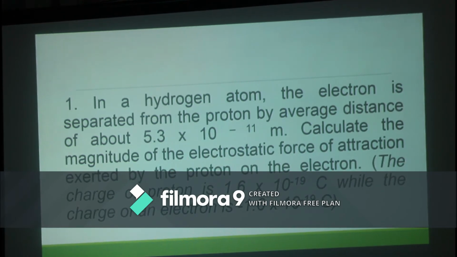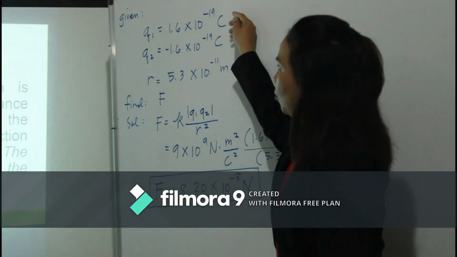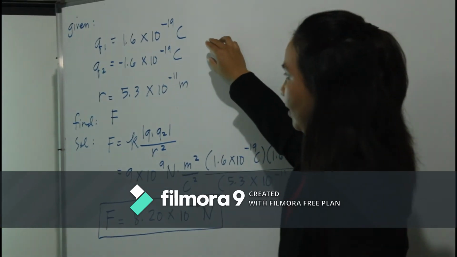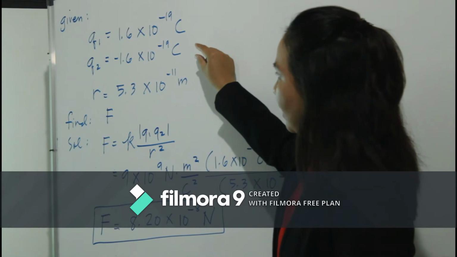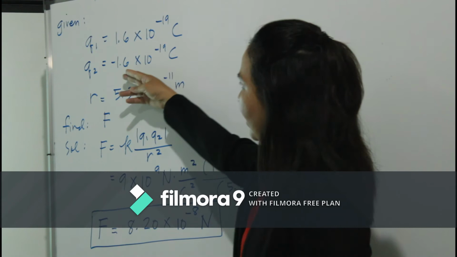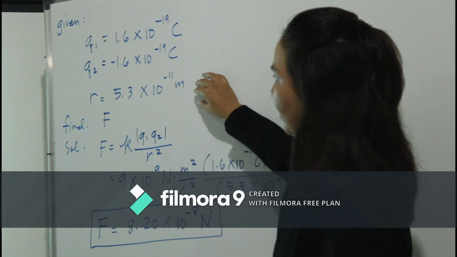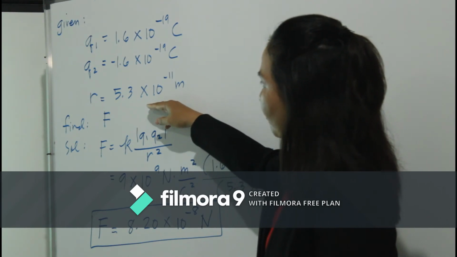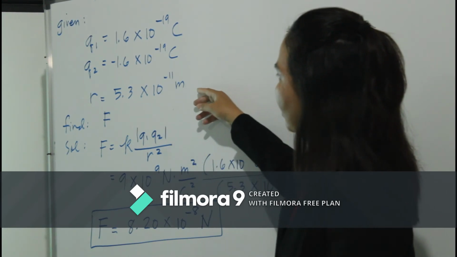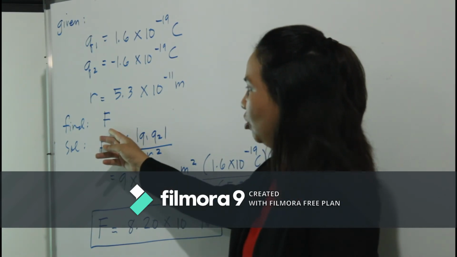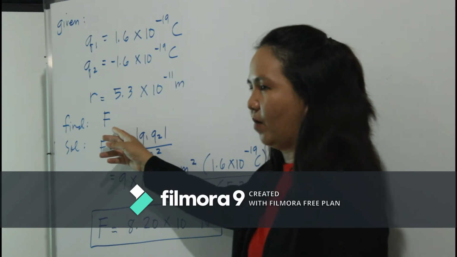Okay, so in this problem, the given are the charge of the proton, which is 1.6 times 10 raised to negative 19 coulomb, the charge of the electron, which has the same magnitude, but we have a negative sign here, and the distance of separation between the 2 point charges, equivalent to 5.3 times 10 raised to negative 11 meters. Then, we are asked to compute for the magnitude of the electrostatic force of attraction.